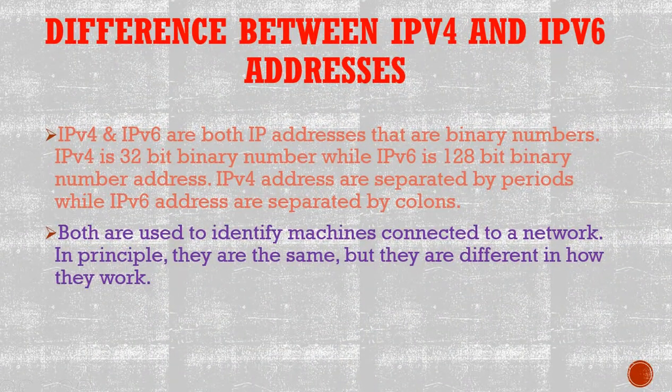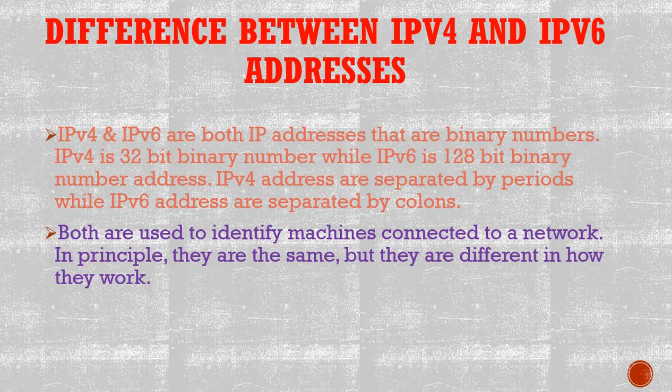Now, let's see the difference between the addresses. As I already told within the introduction part, IPv4 uses 32-bit binary numbers, and within IPv6 128-bit binary number addresses get used. IPv4 addresses are separated by periods, while IPv6 addresses are separated by colons.